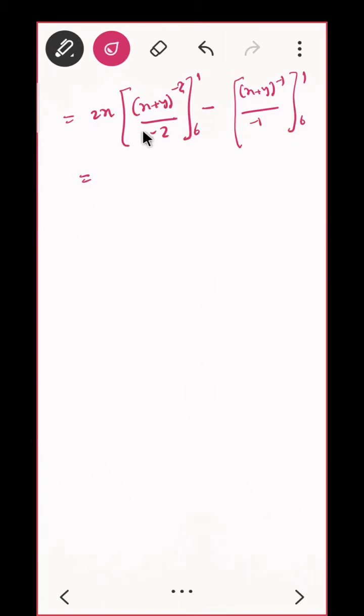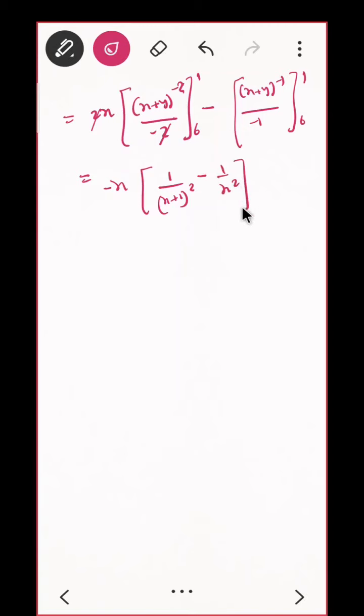If you put 1 and 0, the 2 gets cancelled. So keep x here only. At the place of y we have to put the limits. So that will be 1 upon x plus 1 the whole square minus, if I put 0, then that will be 1 upon x square.